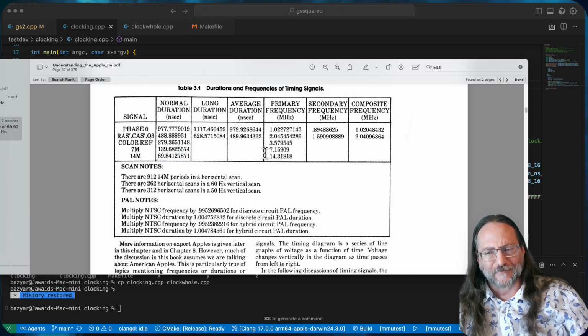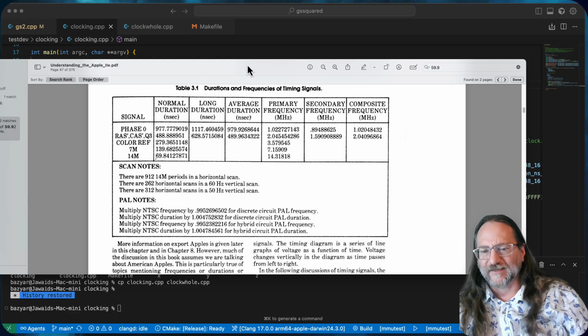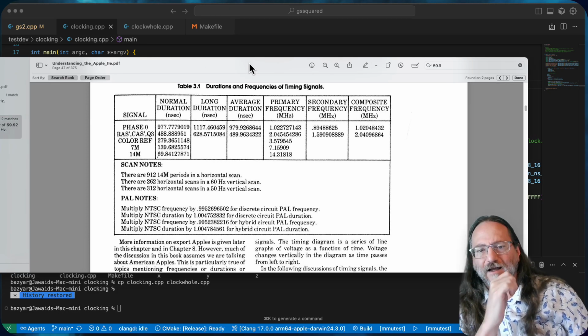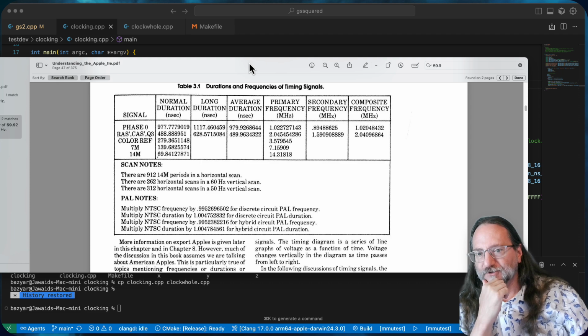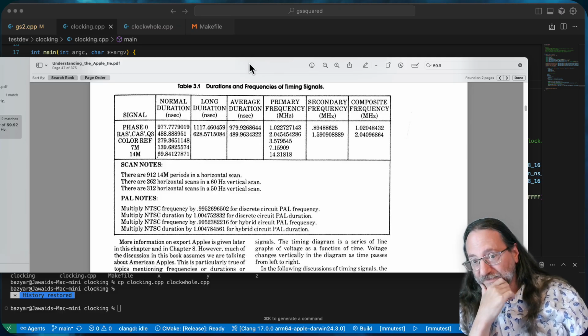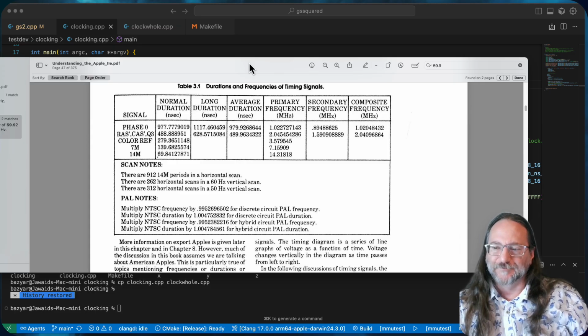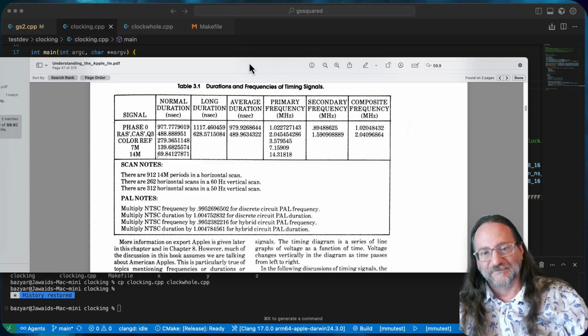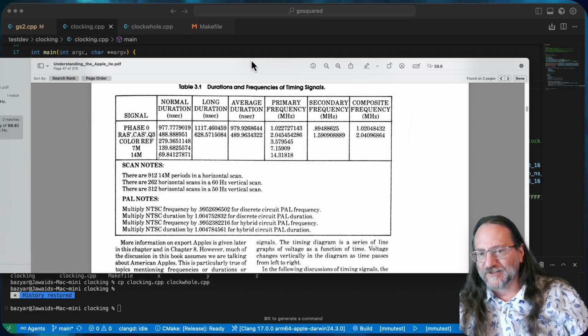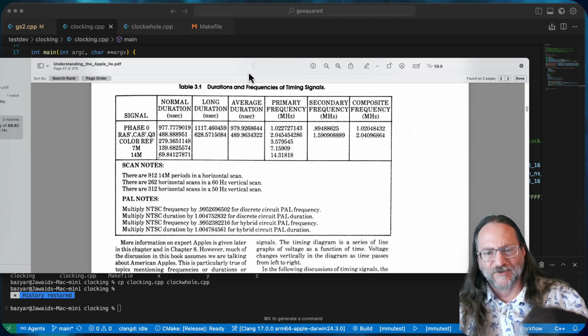I think this is something that is not commonly dealt with by emulators, but becomes important when you're talking about the Apple IIgs, as I mentioned, which is constantly speed shifting. It is quite complicated.